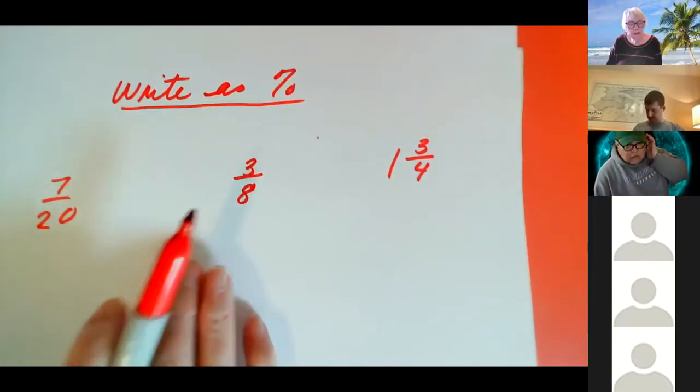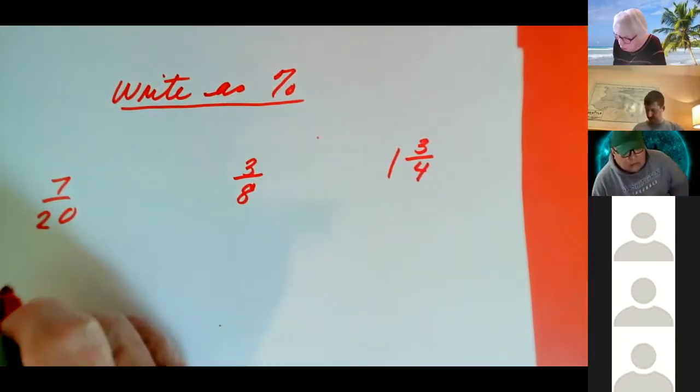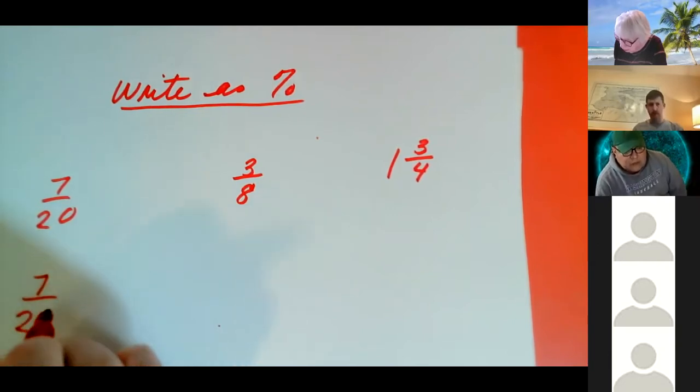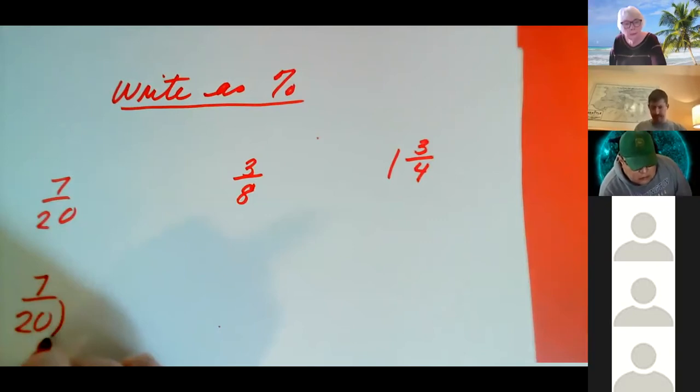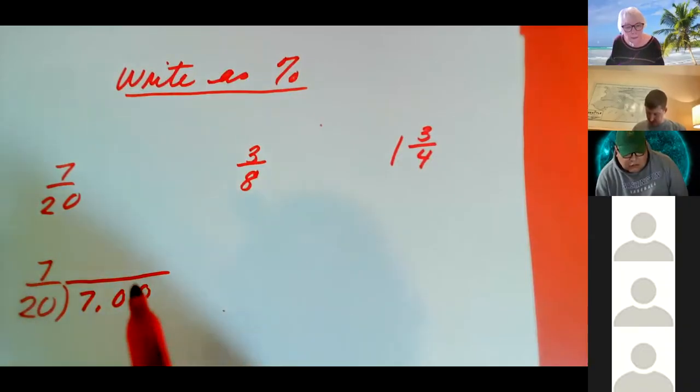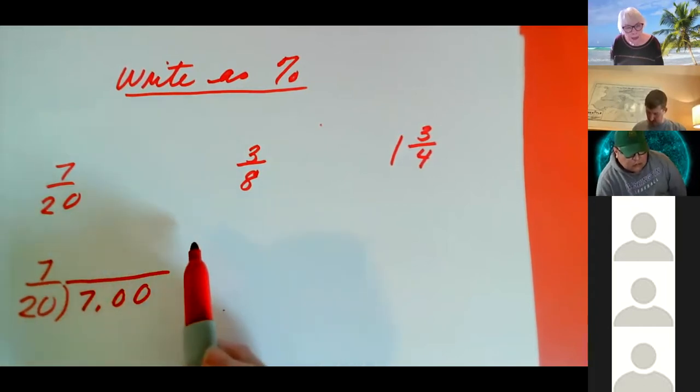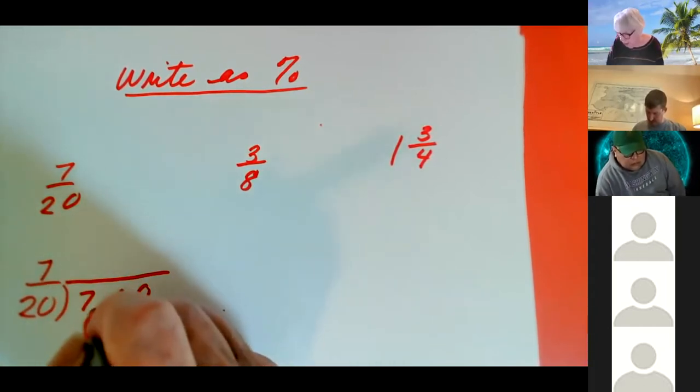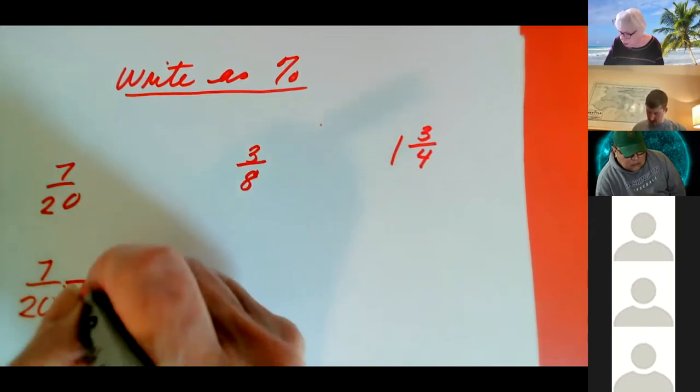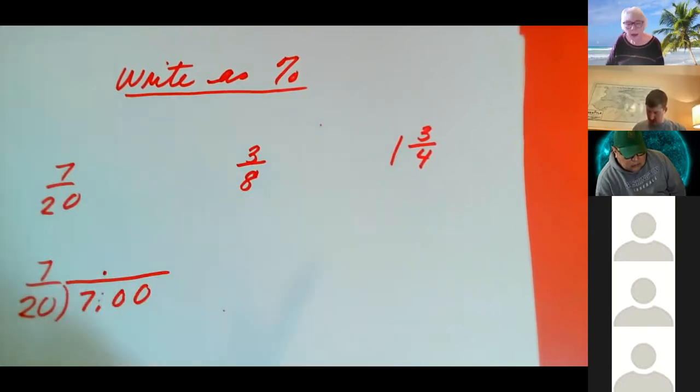This one can be divided out. And so remember how I'm encouraging you to do it so that you don't switch your numbers. There we go. So I'm dividing this out. And this is a whole number, so this decimal can come straight up.